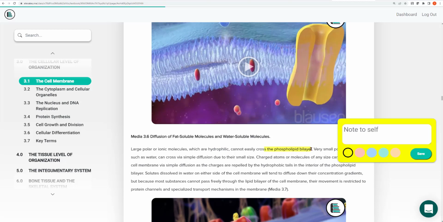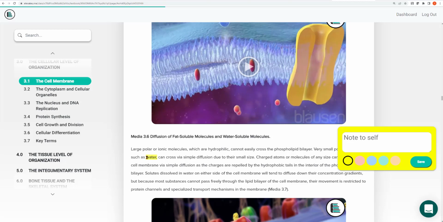Now, the exception to that rule is water. Water is able to cross the membrane, and the reason that water can cross is because it's very, very small. But most polar molecules, most charged molecules, are not able to get across the membrane through what is called simple diffusion.